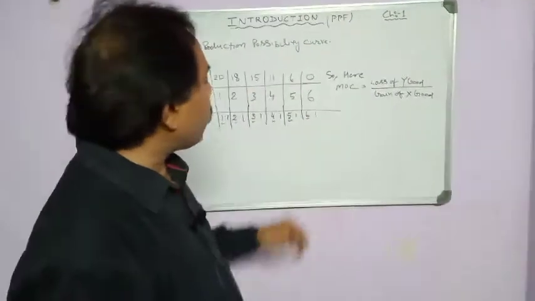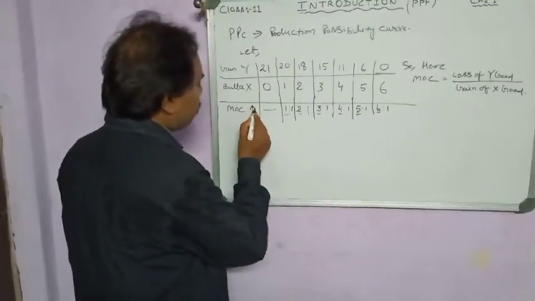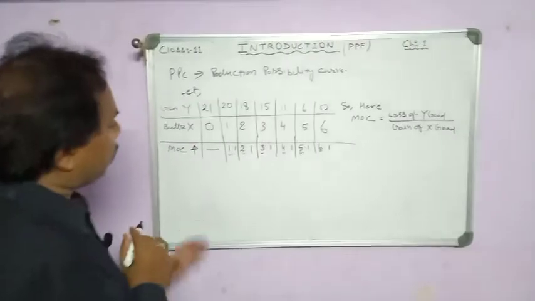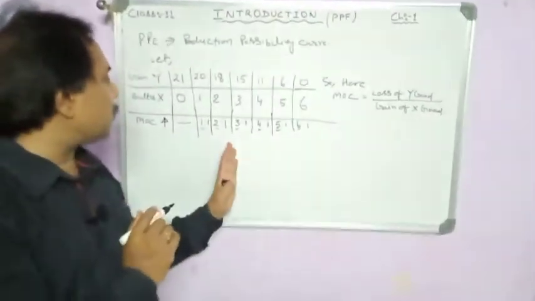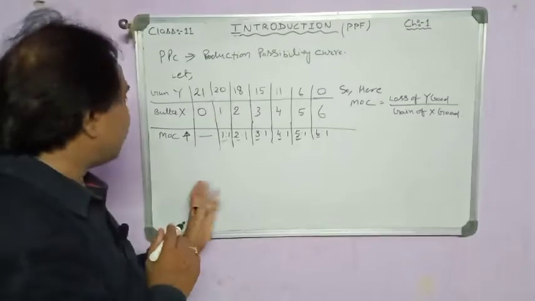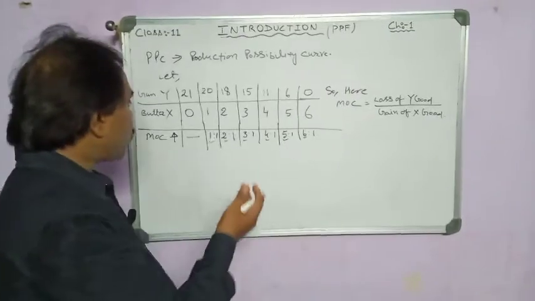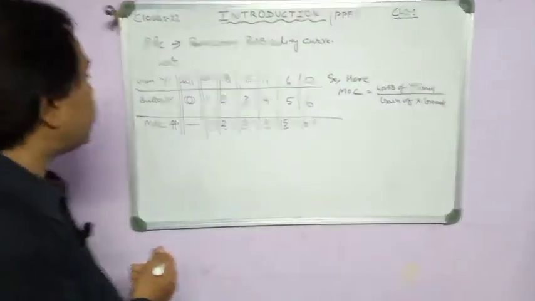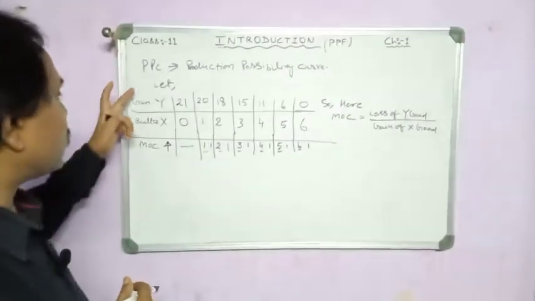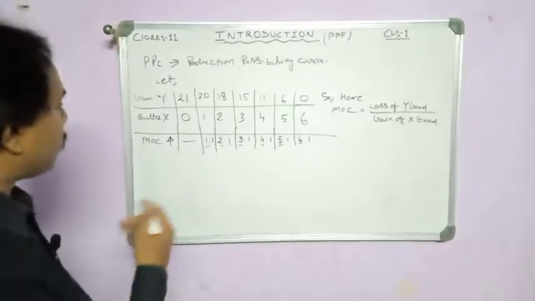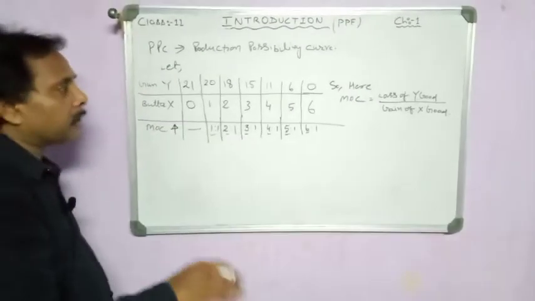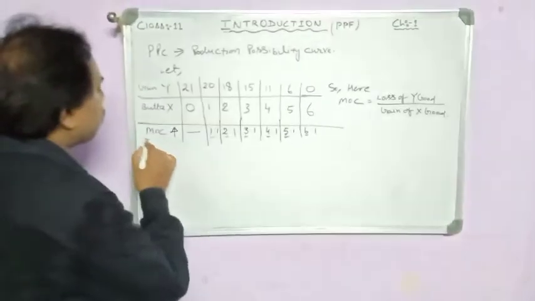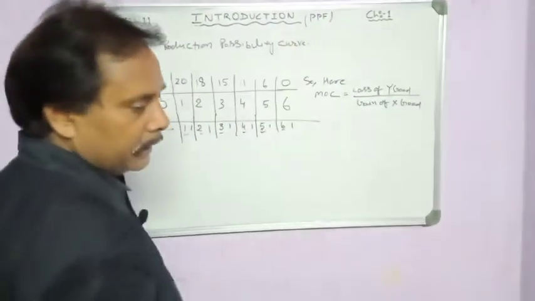So here we find that MOC is rising. Why is MOC rising? Because as much as production of butter increases, the productivity and the efficiency of other resources, such as in the production of gun, continuously decline, and that's why MOC increases.